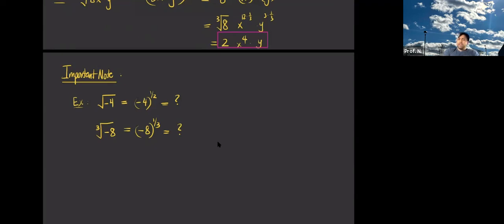So the thing is, actually, the square root of -4 is a trick question. Maybe not such a trick question. It has two answers. The square root of -4 for us in this class has no real answer. There's no real number. There's no such thing as taking a number and squaring it and getting a negative number.